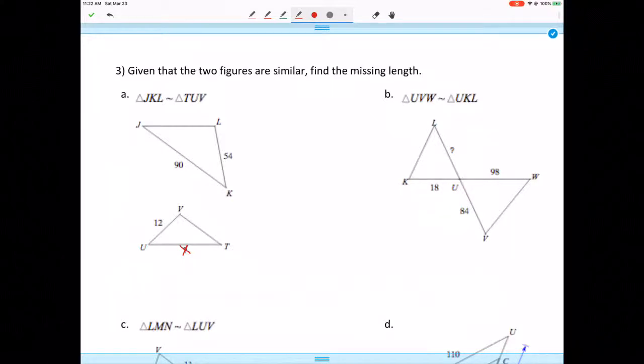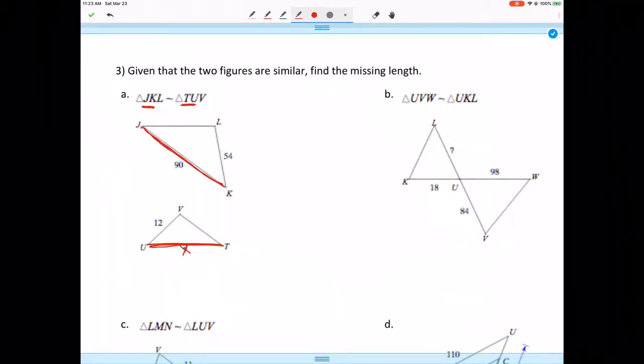So, for example, here they give us the statement. We're going to want to find UT. This is the side UT that we want. UT, or TU, is right here. And we want to find the corresponding side, which would be JK, which is right here. Which kind of makes sense, they both look like they're the longest sides.